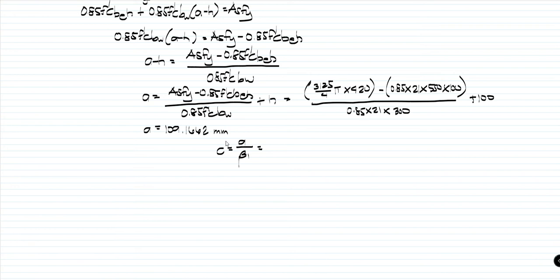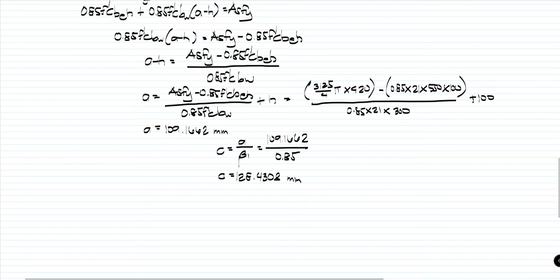A is equal to beta 1 C. So, we have here 109.1662 divided by 0.85. 0.85 yung beta 1 natin, since ang F prime C natin is 21. So, that is lesser than 28. So, we have here a value of C equivalent to 128.4308. That is in mm.